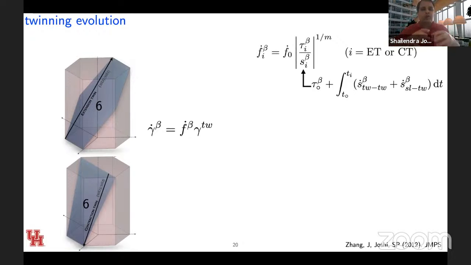A Gauss point represents a certain volume around it. So when a Gauss point accrues a certain total twin volume fraction, we say that that region is now ready to be reoriented, because, these being computational issues, we have to reorient the regions in discrete steps rather than continually. I see. Okay, thanks. Thank you.